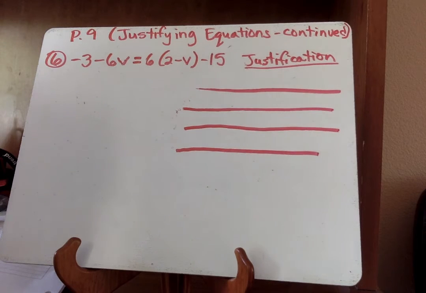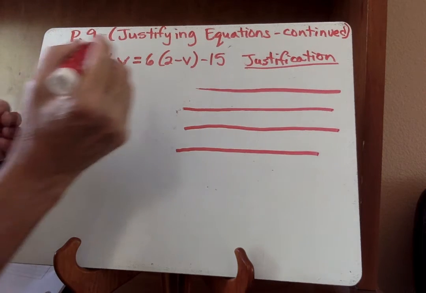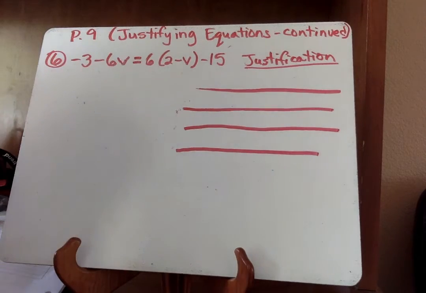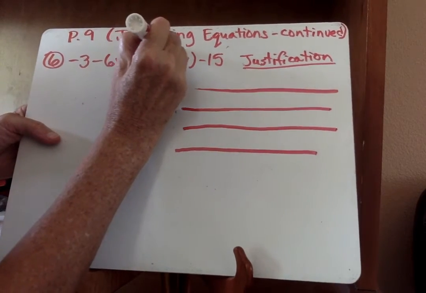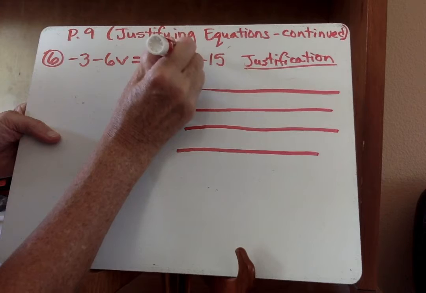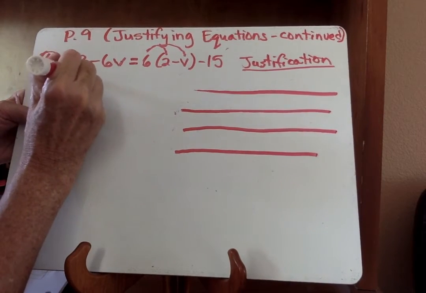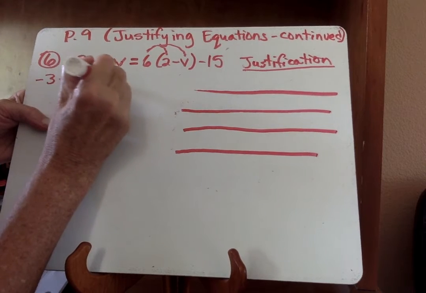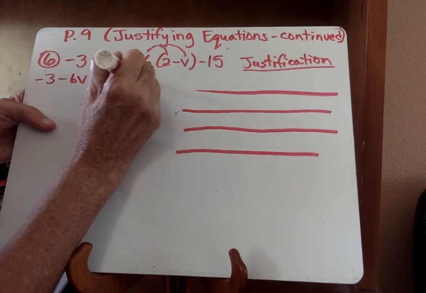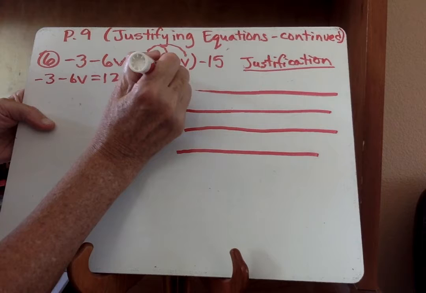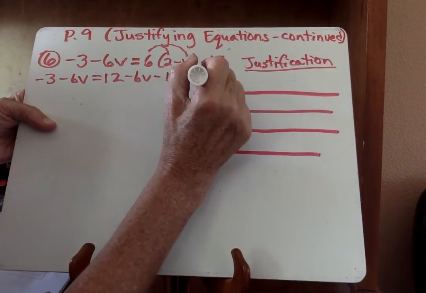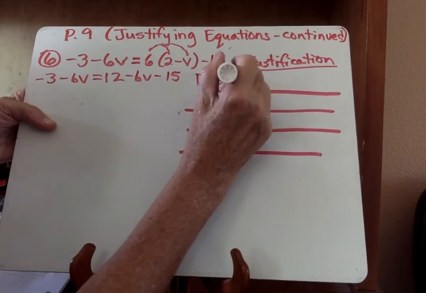So the first thing we want to do is we see this parentheses, and we have to take care of parentheses. So we're going to go 6 times 2 and 6 times v. So I'm going to write negative 3 minus 6v equals 12 minus 6v minus 15. And that's using the distributive property.